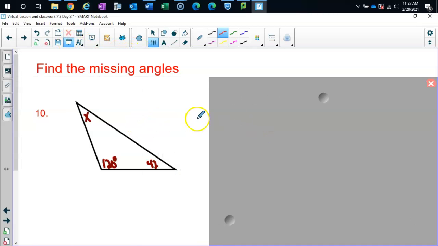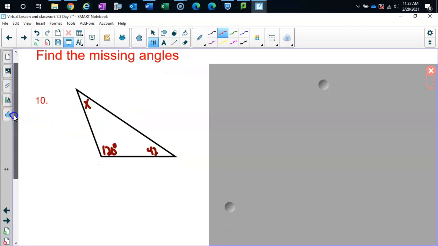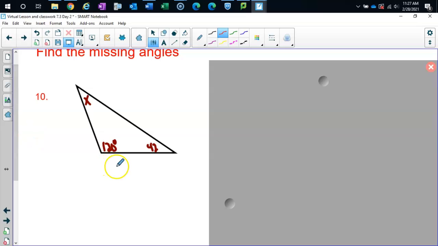Okay, in number 10, find the missing angle in that triangle. Go. All right, number 10. You should write an equation. X plus 120 plus 42 equals 180 degrees.